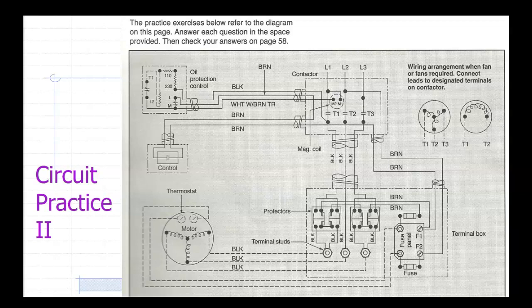Where's that end up? Ends up at terminal F1. Goes to terminal F1. Looking for color wire here. It's looking for where does it start and where does it go to?